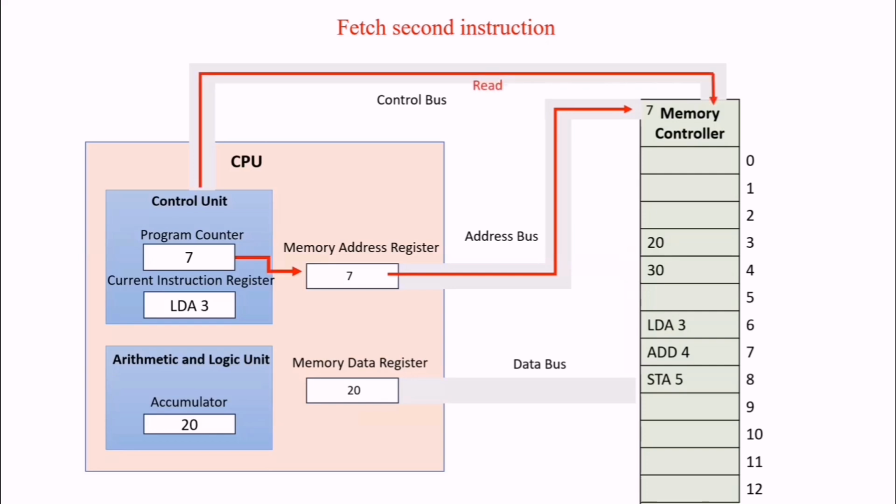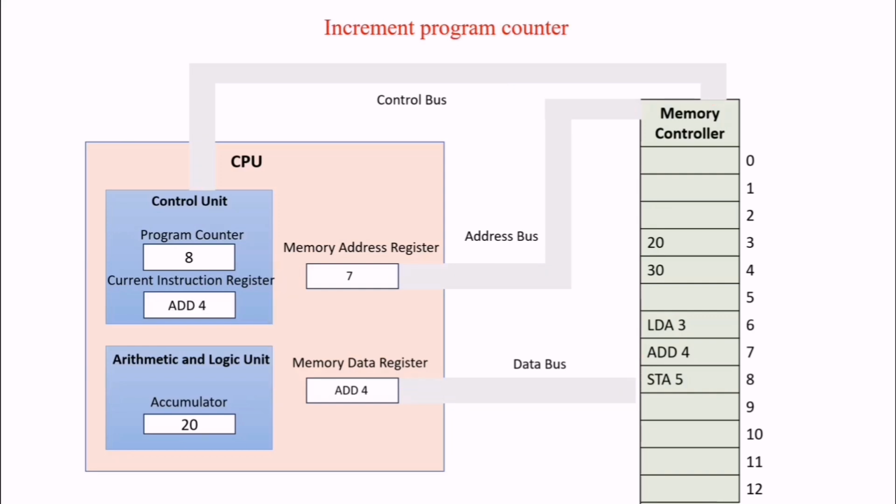The second instruction is placed on the data bus and copied into the memory data register, replacing what was already there. Next it's copied into the current instruction register, and the program counter is incremented.